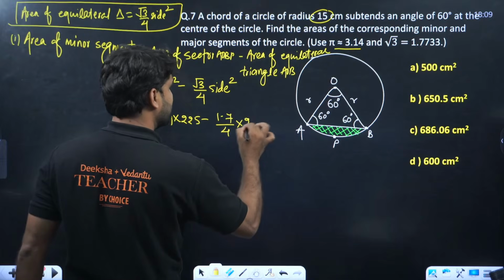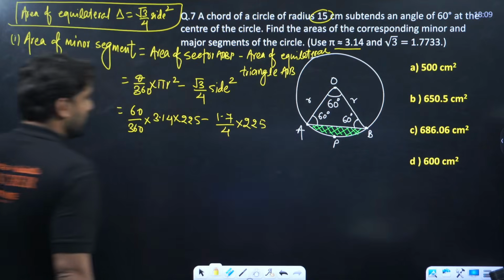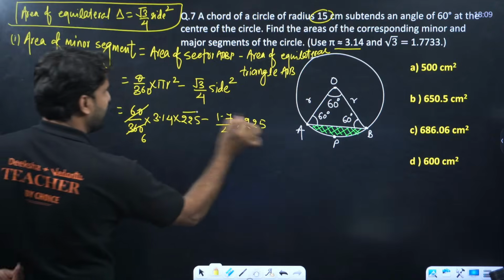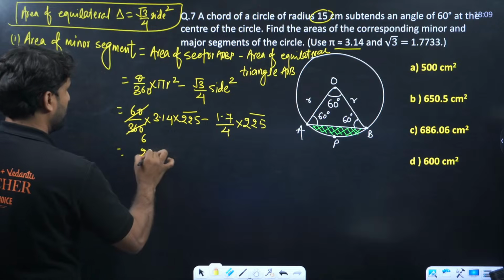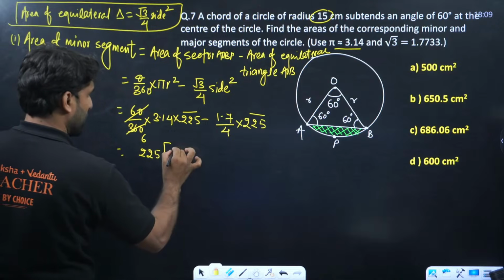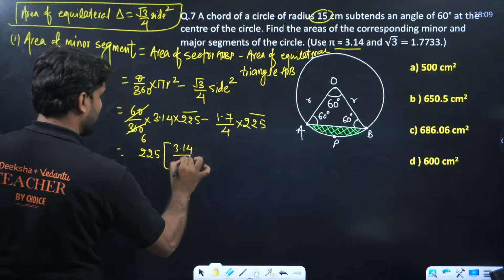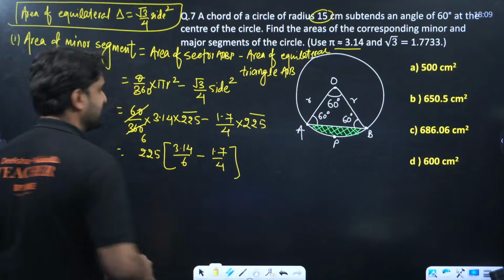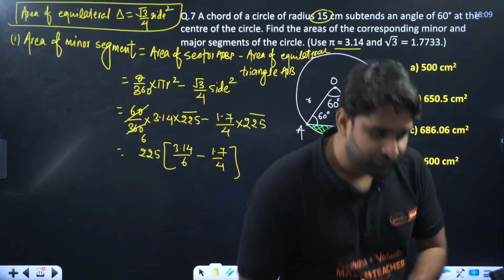R. So this is 225 again. So let's solve. So this will be cancelled by 6 times. 225 we can take common directly. So on taking 225 common, we have 3.14 divided by 6 minus 1.7 divided by 4. This is the format.